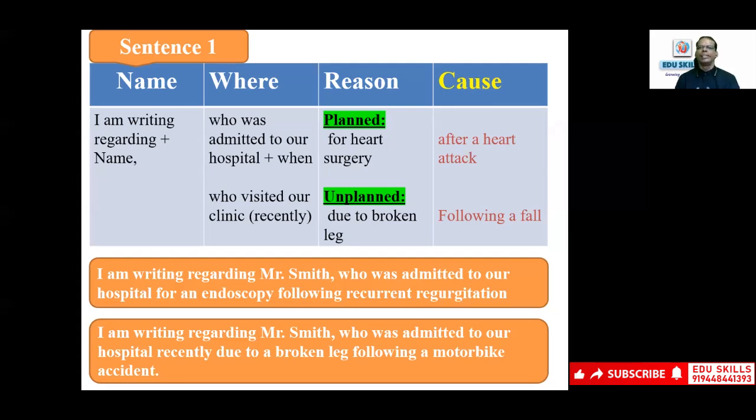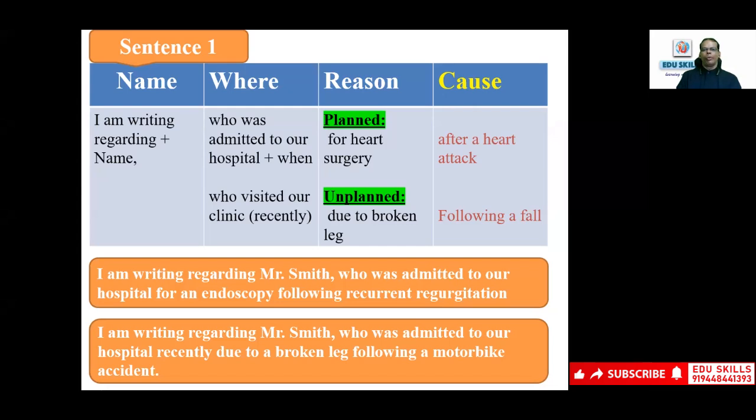So this is another template, whereby this is the way you write the first sentence. I am writing regarding Mr. Smith, who was admitted to our hospital for an endoscopy following recurrent regurgitation. Or I am writing regarding Mr. Smith, who was admitted to our hospital recently due to a broken leg following a motorbike accident. The cause is given there. This could be another template.